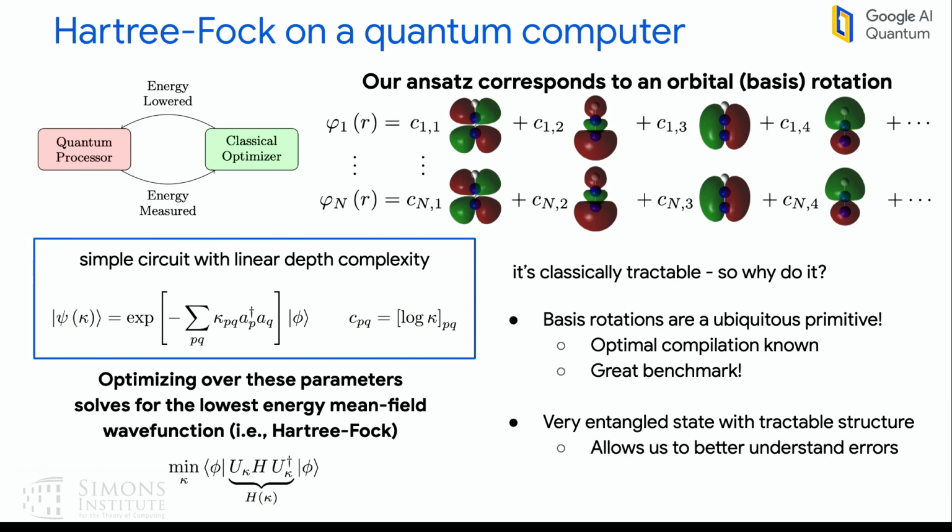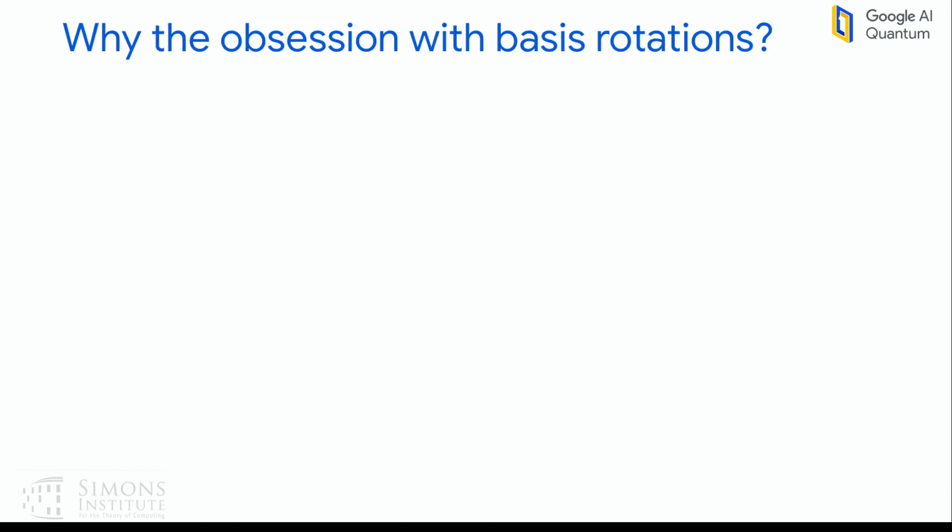And this is very much a feature of the experiment because, although I won't have too much time to get into this, in the paper that we'll have out fairly soon, we discuss that this structure gives us a lot of insight into how errors are affecting the system. For instance, we can efficiently compute the fidelity of the state that we're preparing without doing tomography. Or we can exactly compute what the systematic errors were in the circuits that we applied. And also, as I'll mention briefly, the structure of this particular choice somewhat simplifies the implementation that we face.